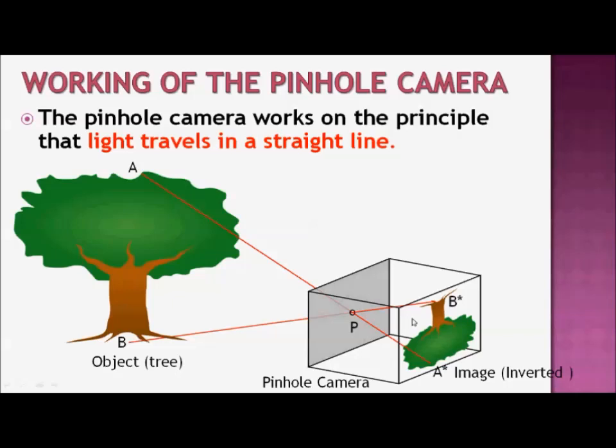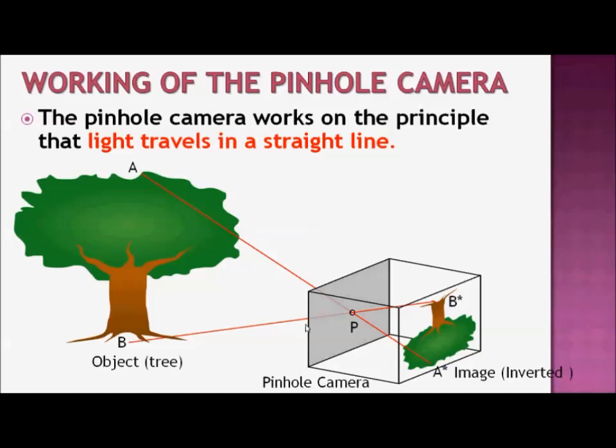If we look into the pinhole camera by keeping our eye at its backside, that is, if you are looking at the backside of this camera, you can see an inverted image of this tree on the screen. Okay?